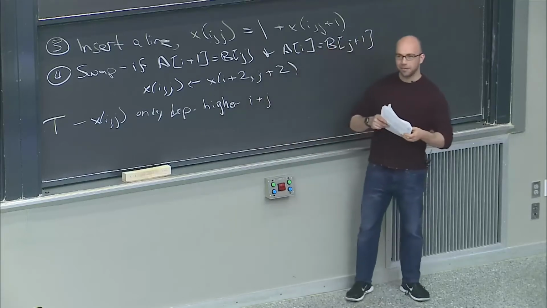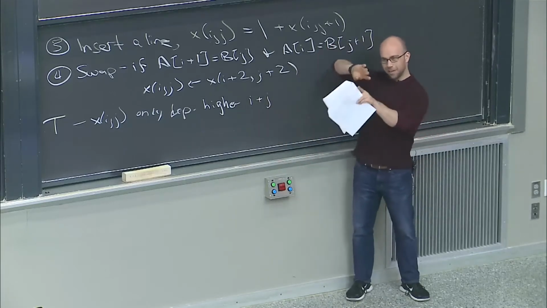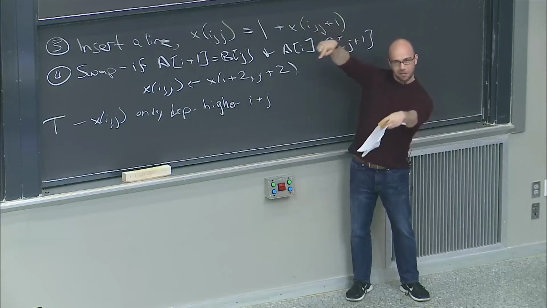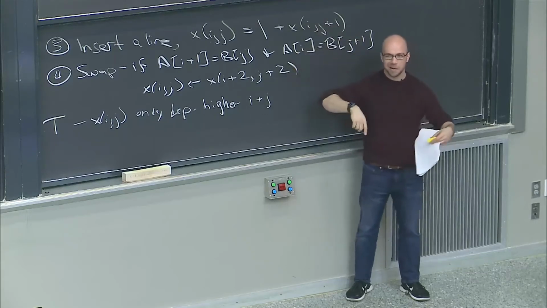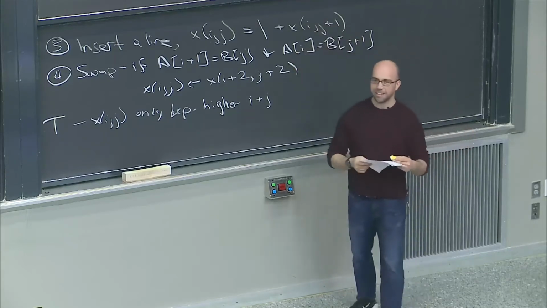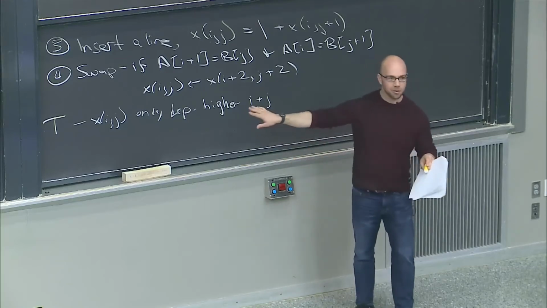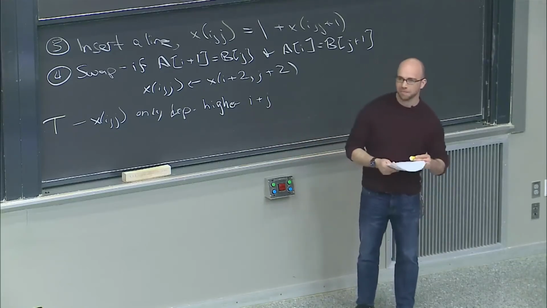If I think about my graph of subproblems and write it in a 2D matrix, it always points down and to the right, which is what makes it acyclic. This is a very typical pattern in these two-dimensional dynamic programming problems.